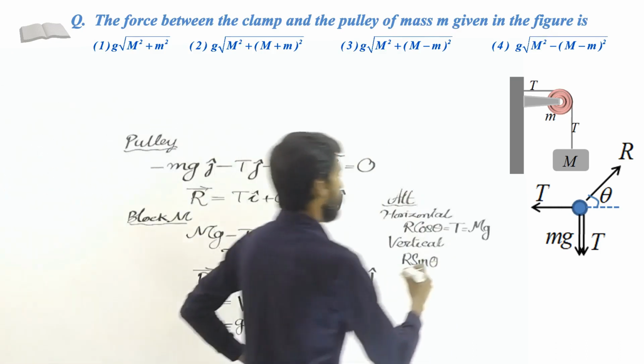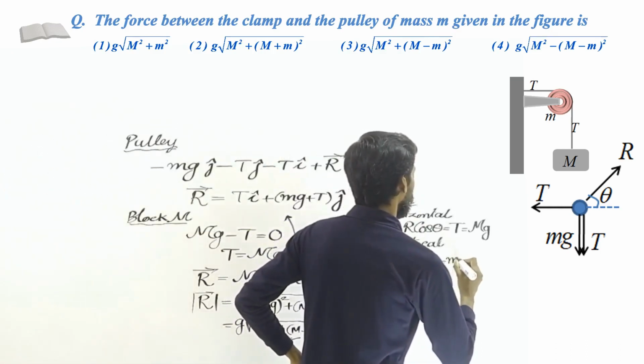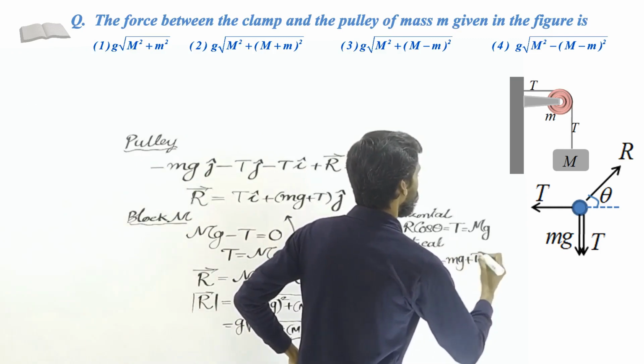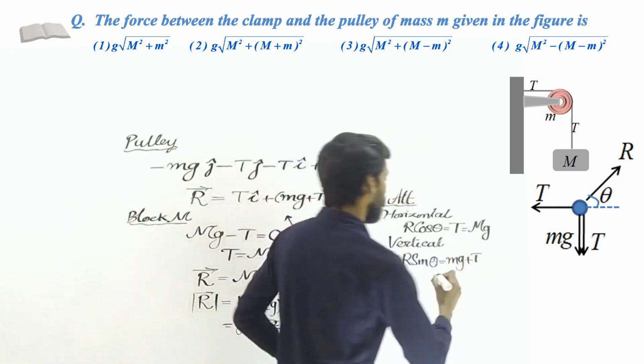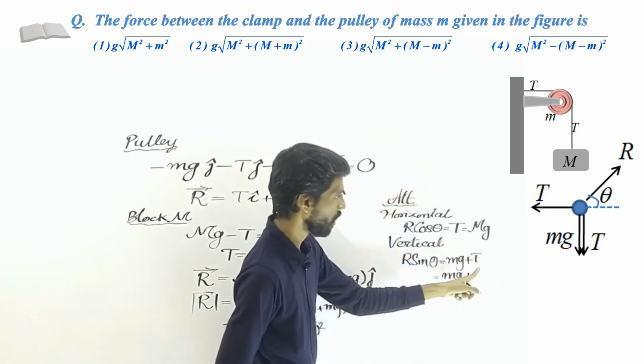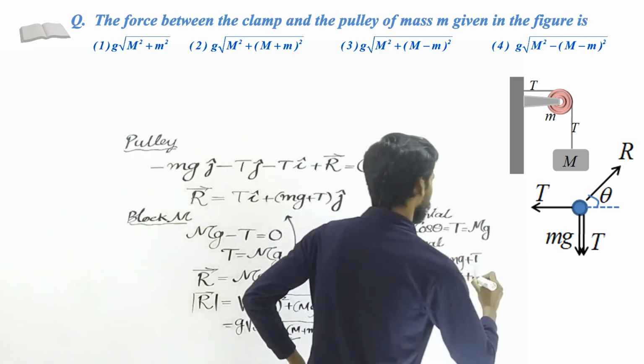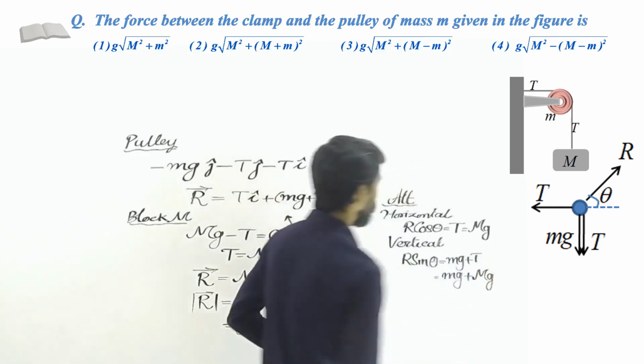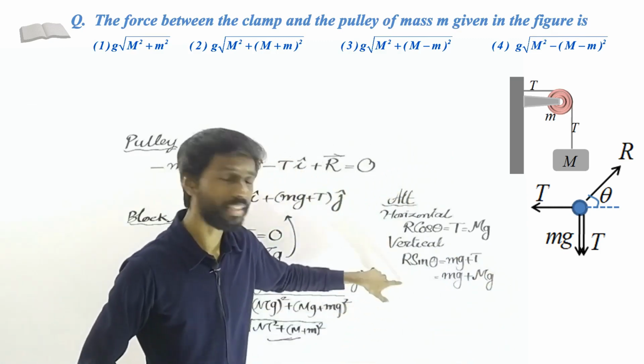So R sin theta equals mg plus tension. What is the tension here? That is the same as mg. So we have got R cos theta and R sin theta.